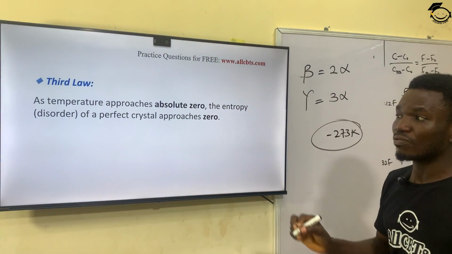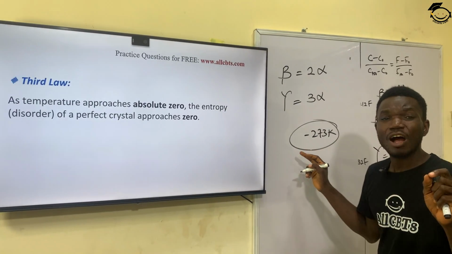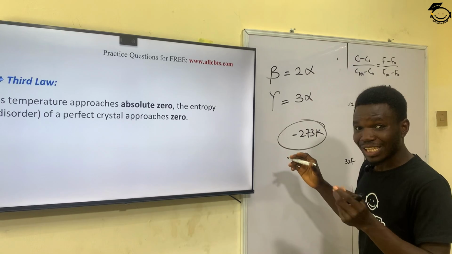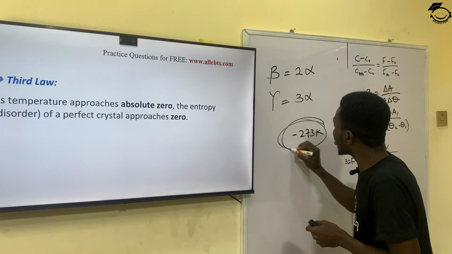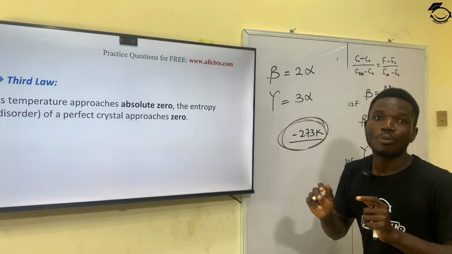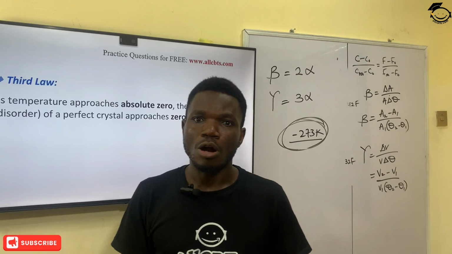Entropy is the degree of disorderliness of a body, how scattered the body is. As the body approaches this temperature, you discover that the entropy will become 0. So your change in entropy at that particular time will become 0.